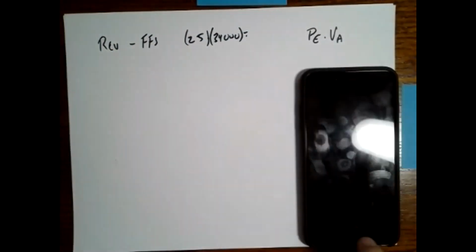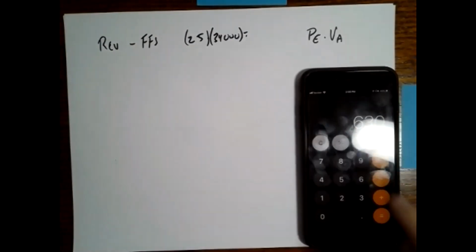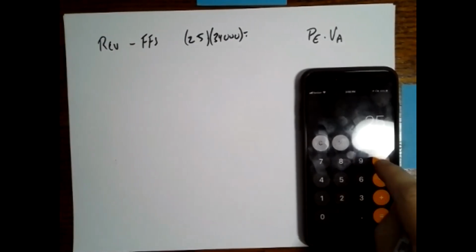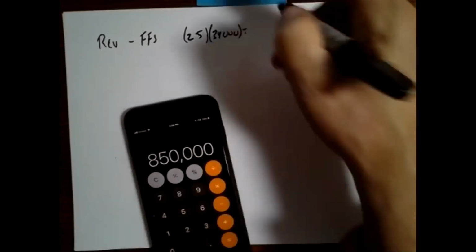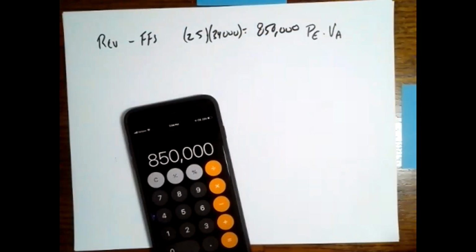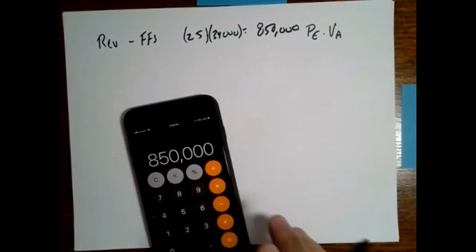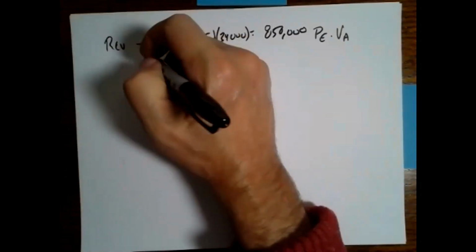So 25 times 34,000 gives us 850,000 for fee-for-service revenue.